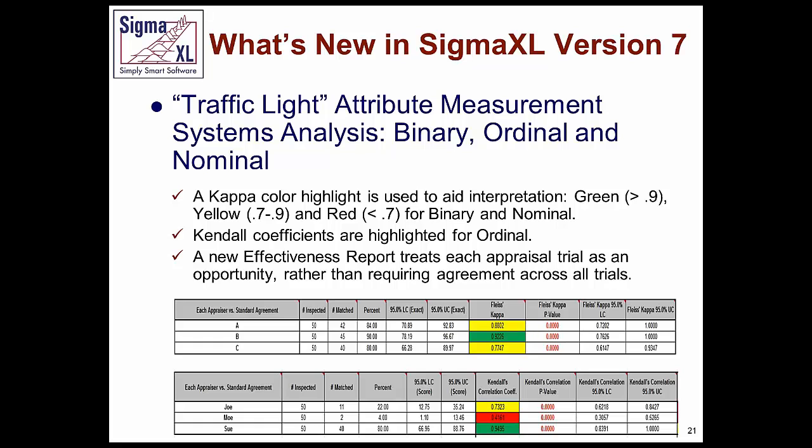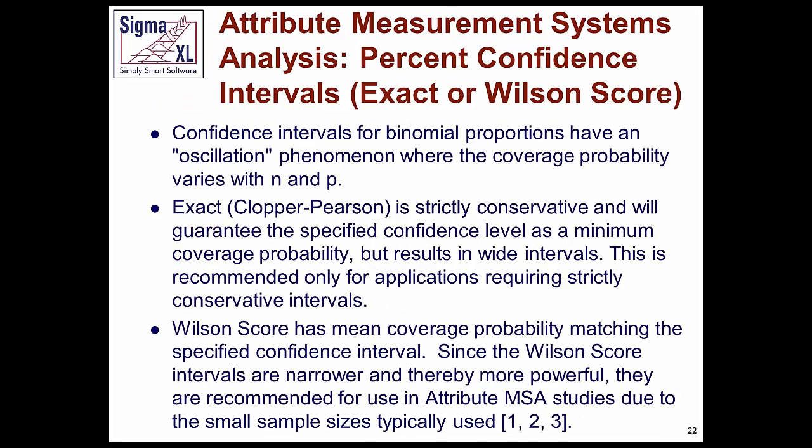And so we provide all the information, but by putting in the yellow, green, red highlight, right away you can see how well your attribute measurement system is doing. So the coloring allows you to immediately see if a particular appraiser is a problem, or if it's a problem against the standard agreement and so forth. So whether it's a repeatability problem or reproducibility problem, you can see that.